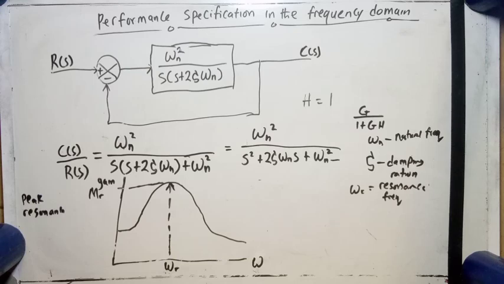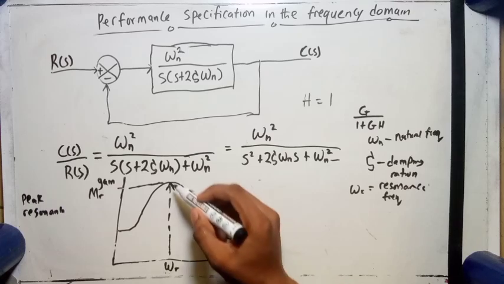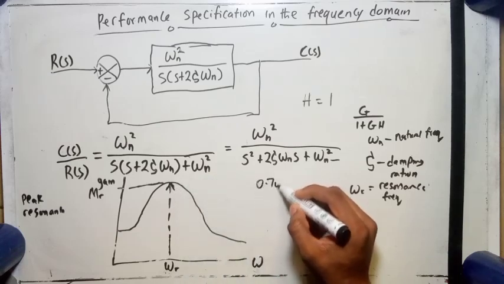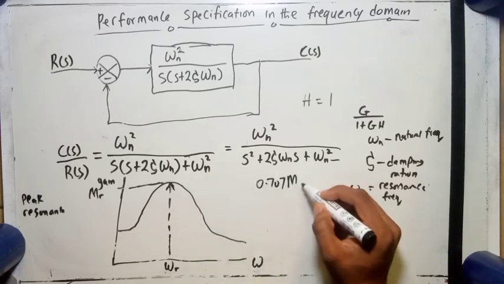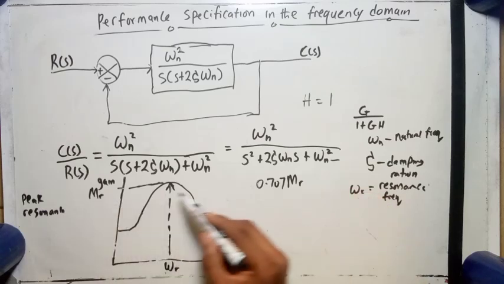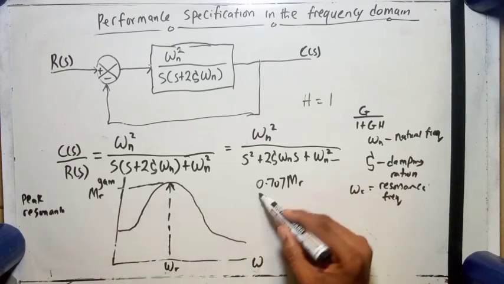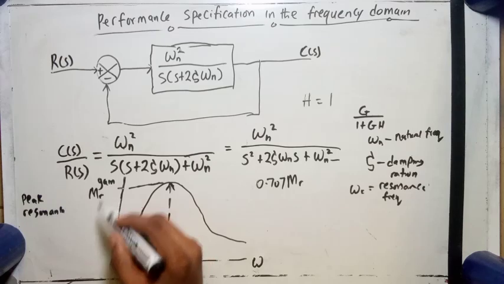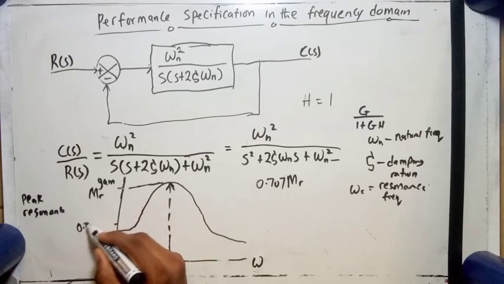Another terminology we're going to be looking at here is the cutoff frequency. When we find 0.707 of Mr, whatever Mr is, and we multiply it, its value will definitely fall below Mr. That's for sure.